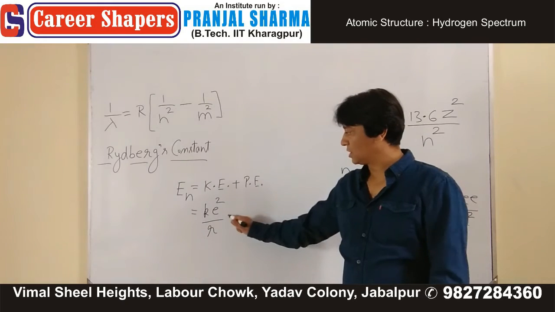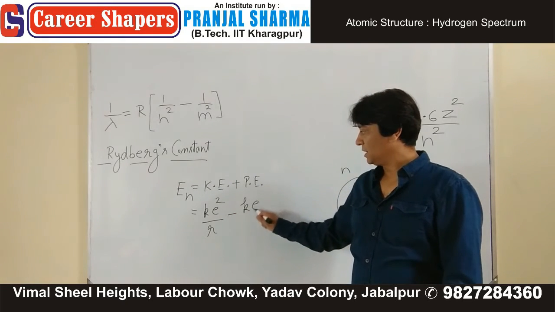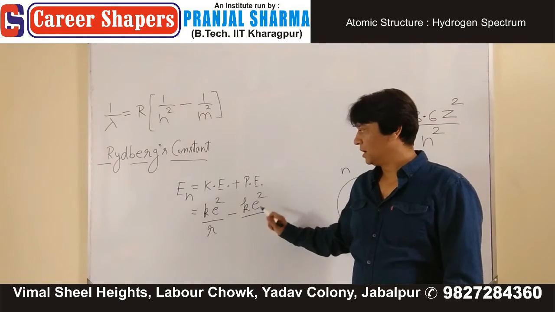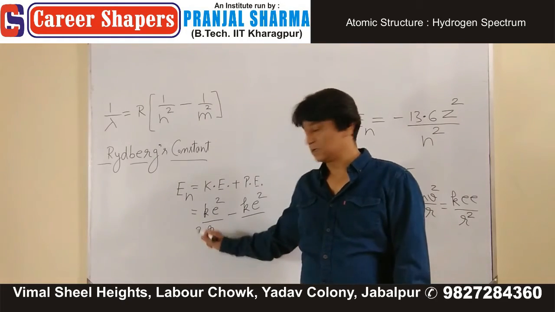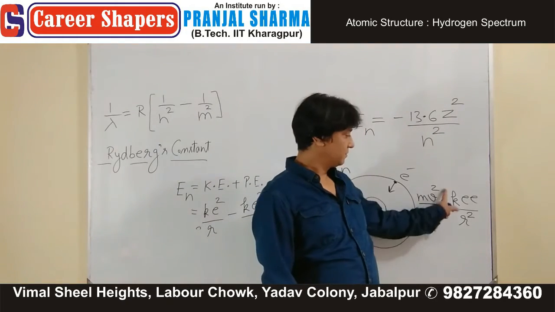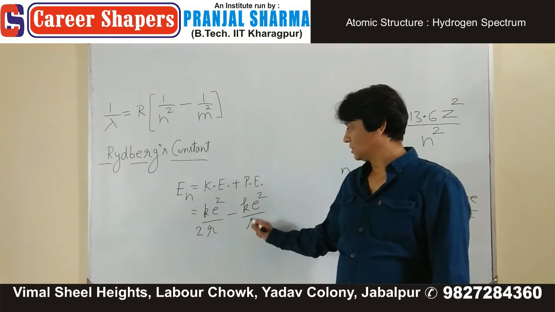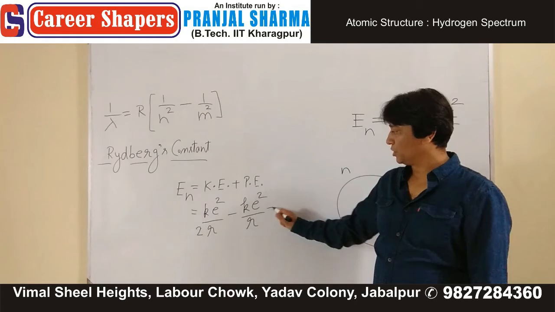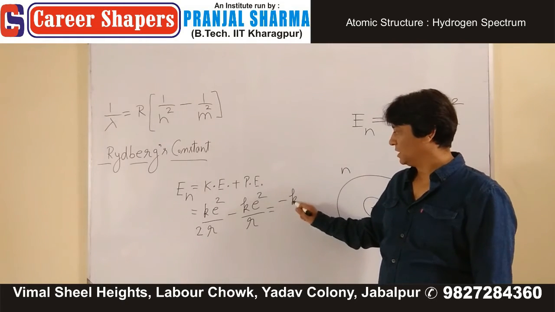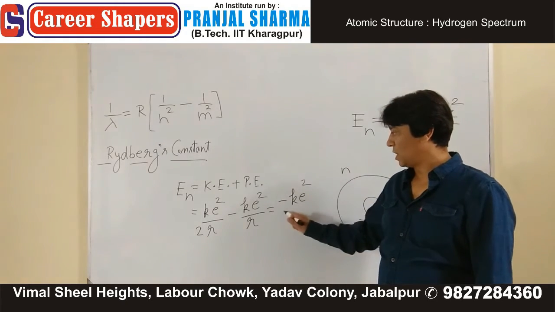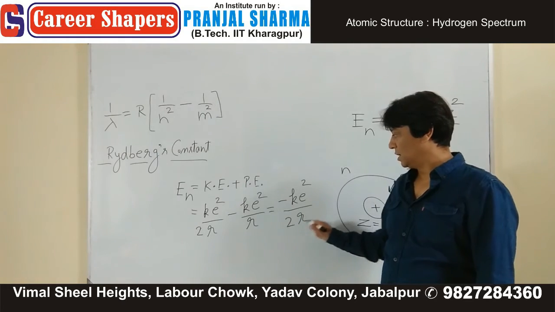Potential energy is what? K e square upon r with a negative sign. This was giving you minus of K e square upon 2r.